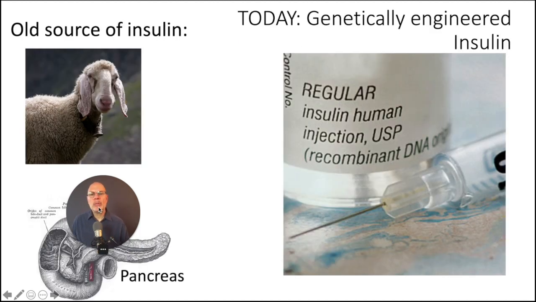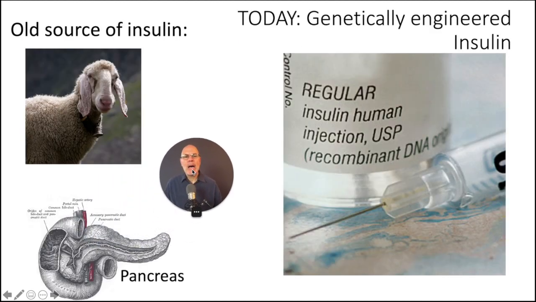So you probably know that the disease diabetes is often caused by a person's inability to produce the hormone insulin, which controls blood sugar levels and causes cells to take up that sugar and convert it into glycogen or fats and so on and so forth. So that was figured out about 1900, and for the subsequent 100 years, the only source of insulin was from our relatively close cousins, the mammals.